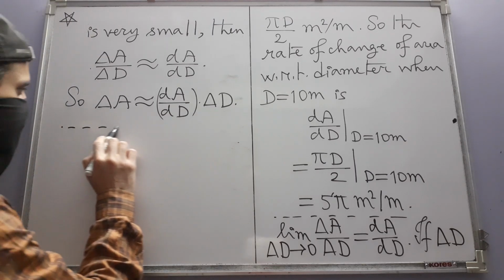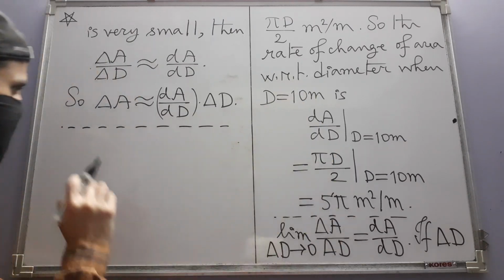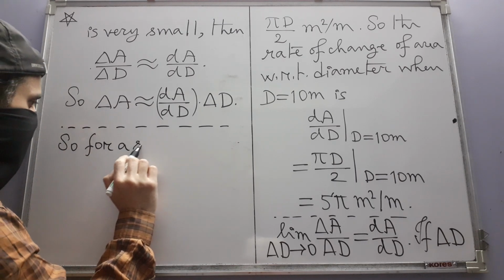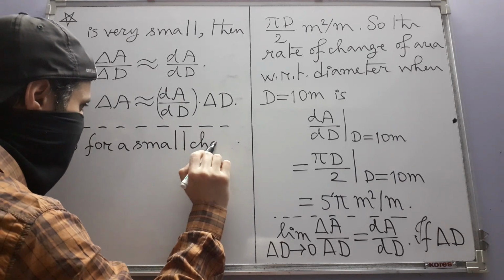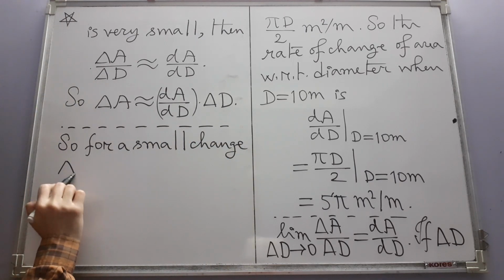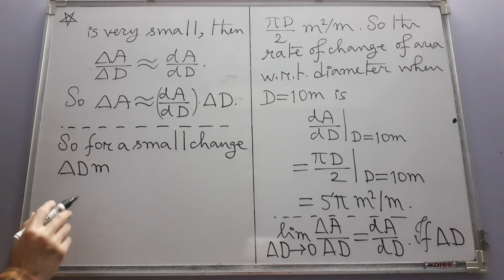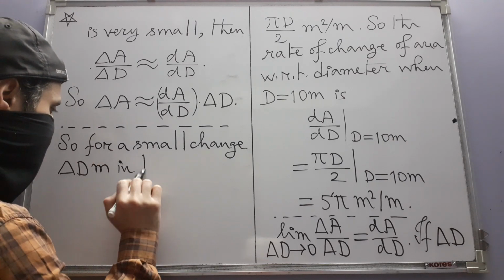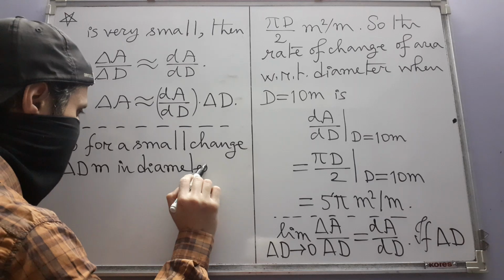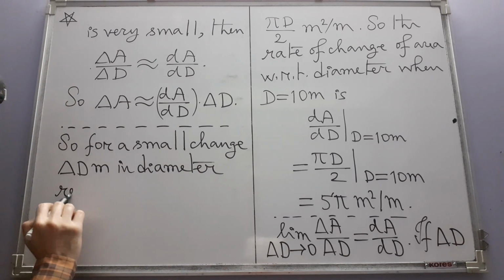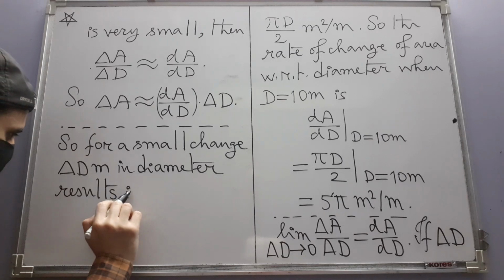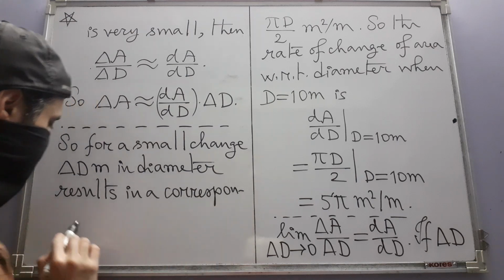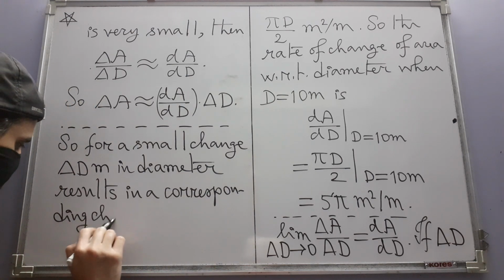And that is why the authors, after finding this answer, write, so for a small change delta D meter in diameter, the unit is meter, so the change will also have the unit meter, results in a corresponding change.